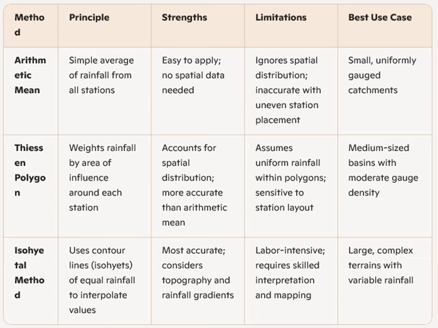So to find the mean precipitation of this watershed by the Thiessen mean method or Thiessen polygon method, you have to apply this procedure. First of all, connect the adjacent rain gauge stations with a straight line.